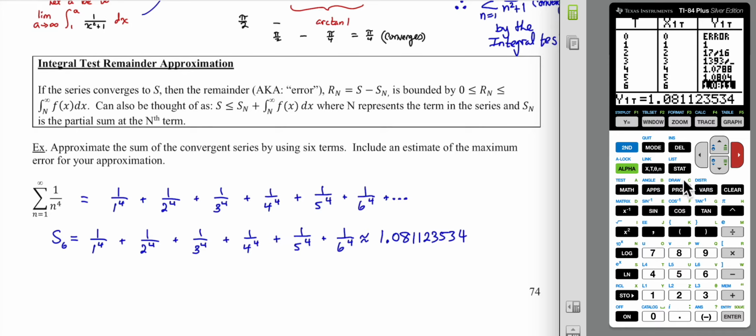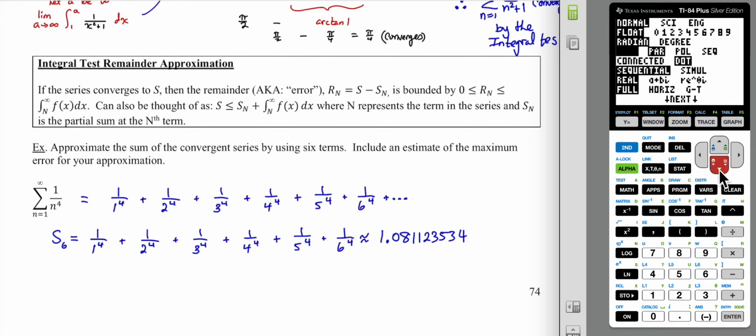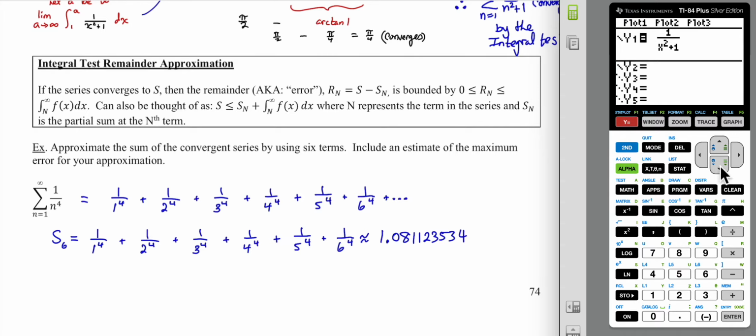All right. So if I go back into function mode, verify that 1 over x to the fourth is a positive, decreasing, continuous function on the appropriate domain starting with a 1. It looks like we're good there.